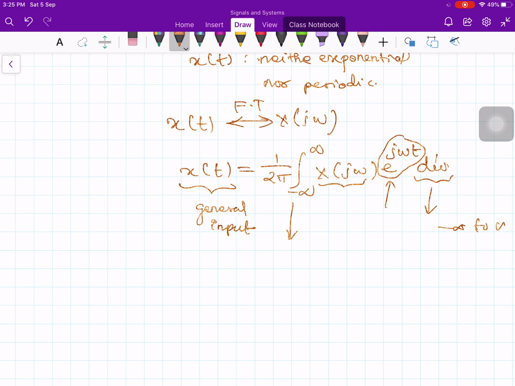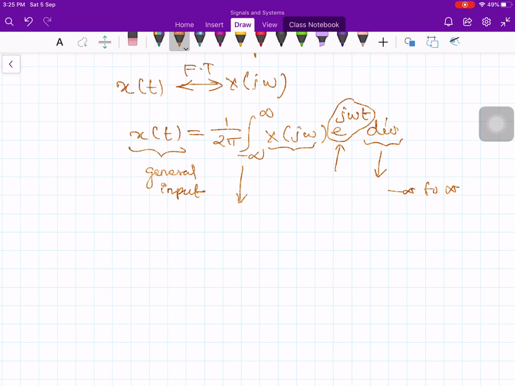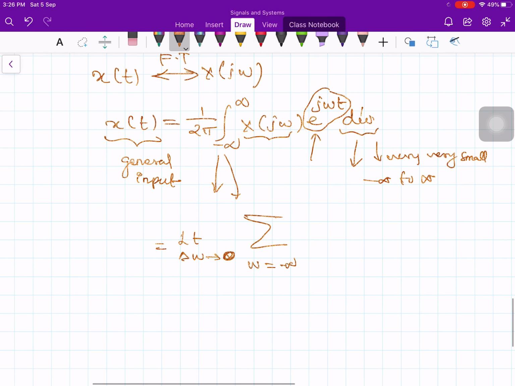I make d omega very small. Therefore as delta omega goes to 0, the integration becomes a summation, and omega ranges from minus infinity to plus infinity. You have a signal e to the j omega t, an exponential signal, but what is the coefficient? The coefficient is x of j omega multiplied by delta omega divided by 2 pi, because we are considering angular frequency, so the 2 pi has come here.